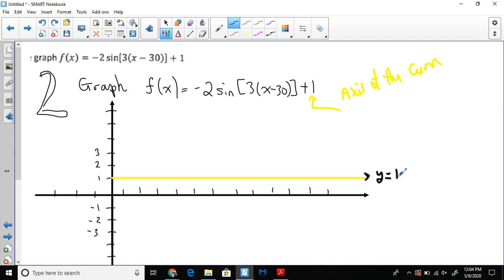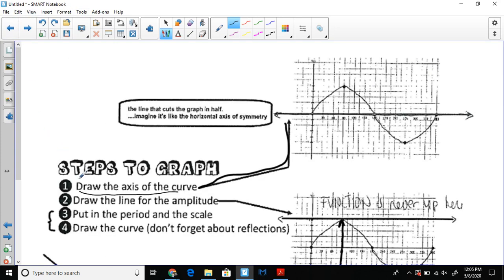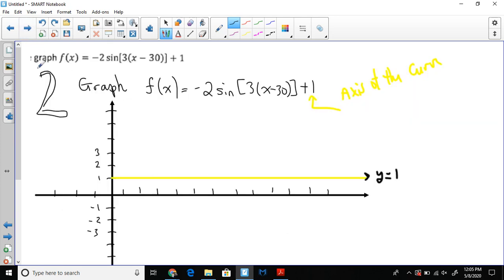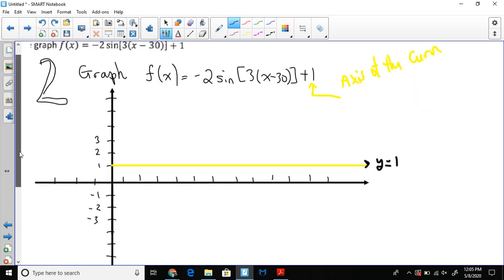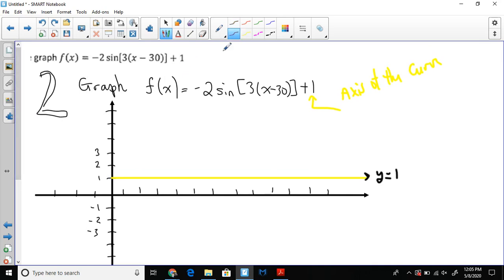Now, we've done this. What's my next step? Draw the line for the amplitude. That seems pretty easy. When I look at my equation, that is my A value, and the amplitude is 2.